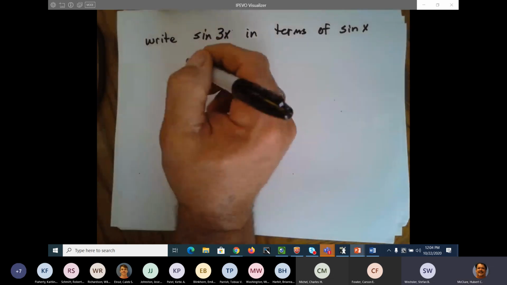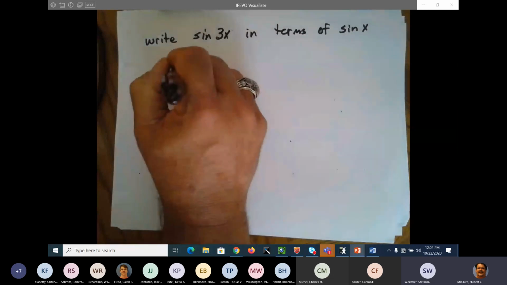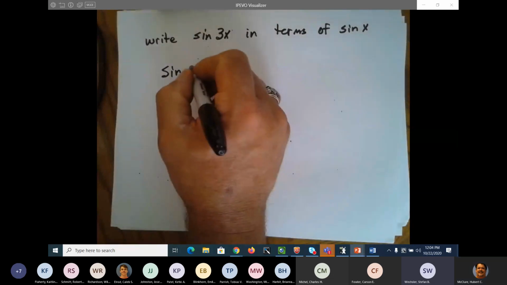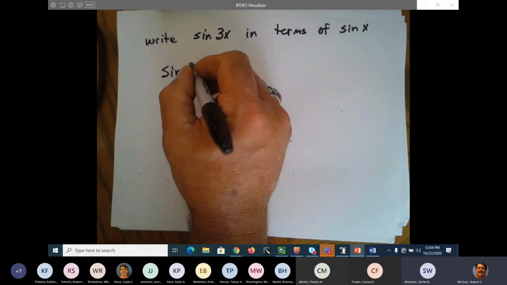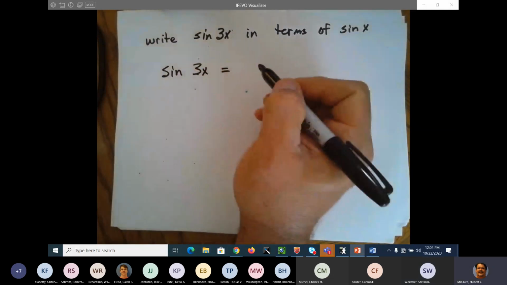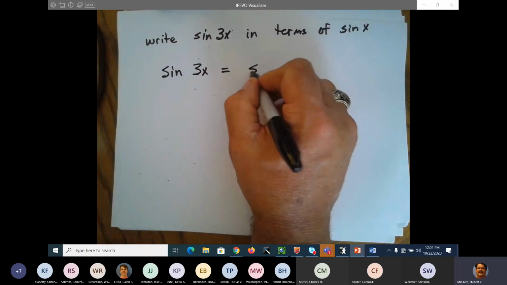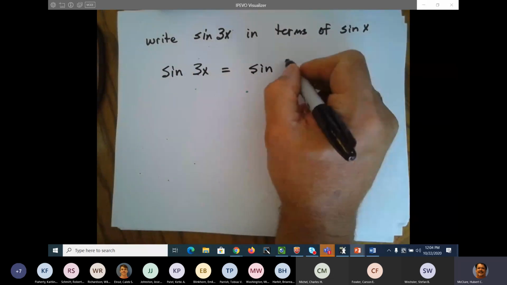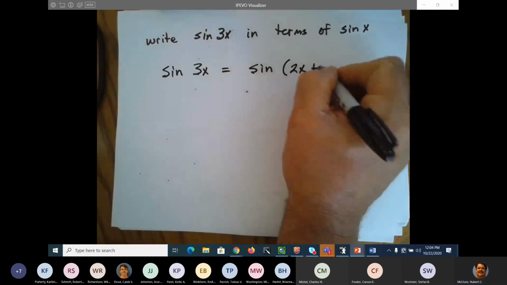Sine of 2x plus x, but you're on the right track. That's why when I heard you say 2x, I was like, okay, somebody's paying attention. All right, sine of 2x plus x.